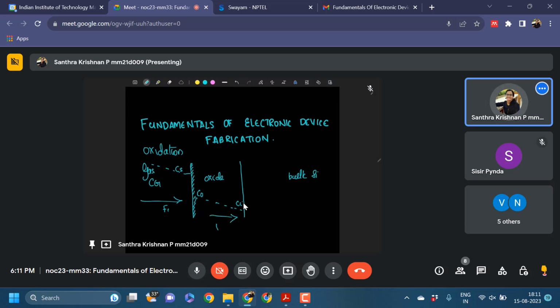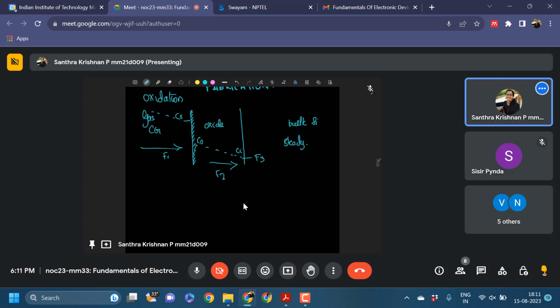And finally, we have F3. That is the reaction of oxidizing species to form the new oxide layer. So this will be F3. And in steady state, we can say that F1 is equal to F2 is equal to F3.